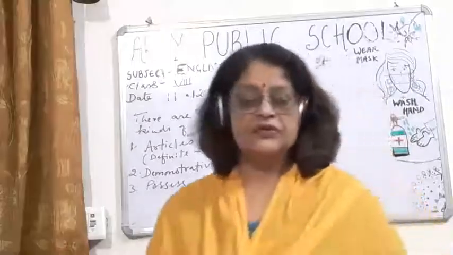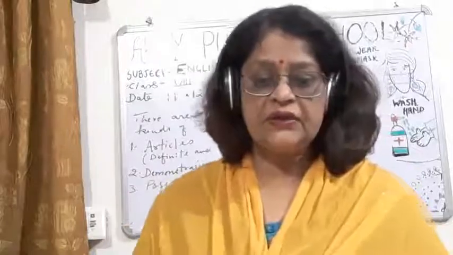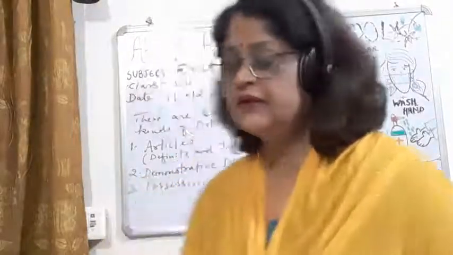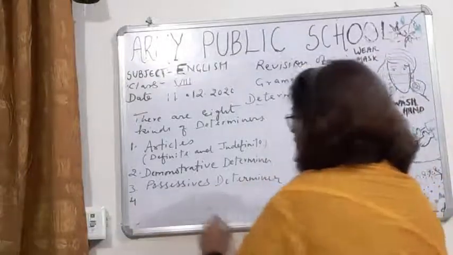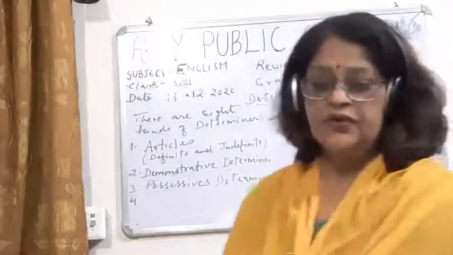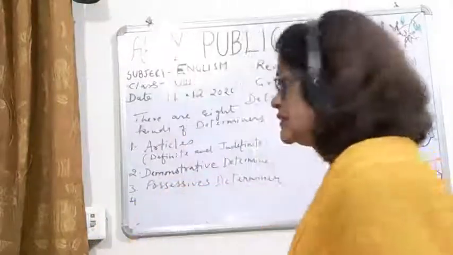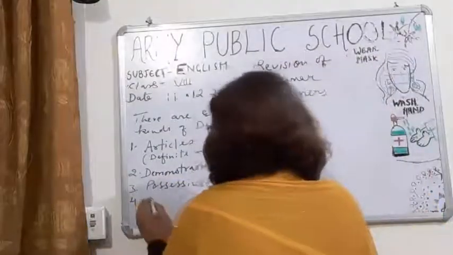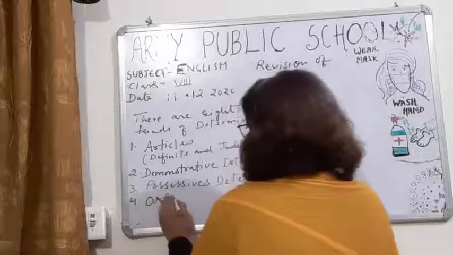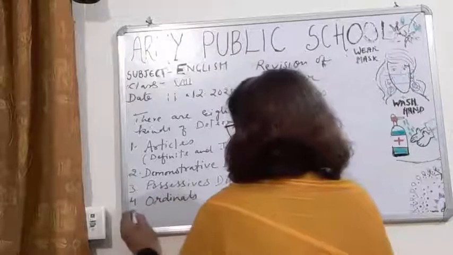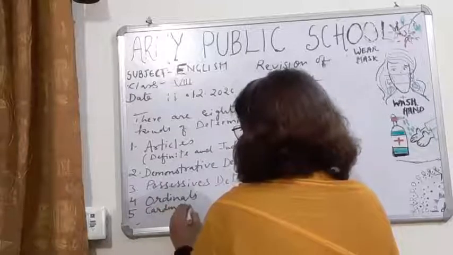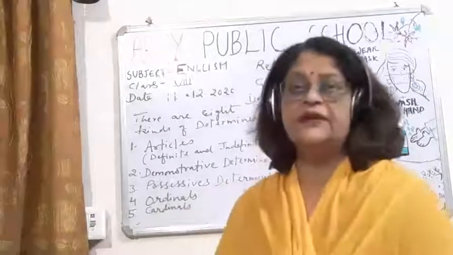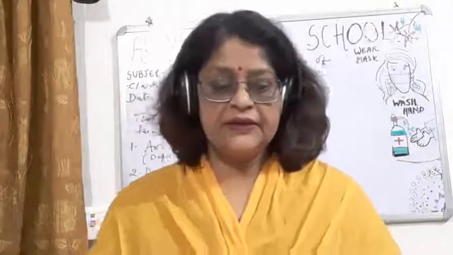Okay. So second is demonstrative determiner. Then the third is possessives. Okay. And fourth is ordinals and fifth is cardinals. Fourth is ordinal and fifth is cardinals.